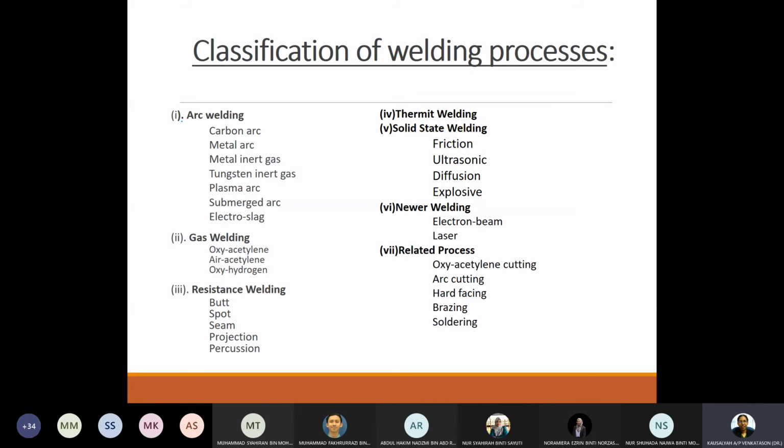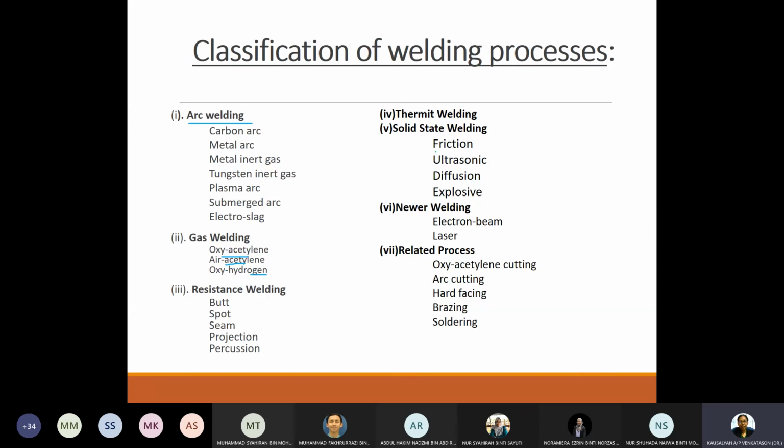So basically, it's the usage of arc. And then we have gas welding, where you use different types of gas like oxyacetylene, ethylene, hydrogen. Then we have resistance welding, where we have butt, spot, seam. And then we have thermite welding, where we melt the material to create the weld.